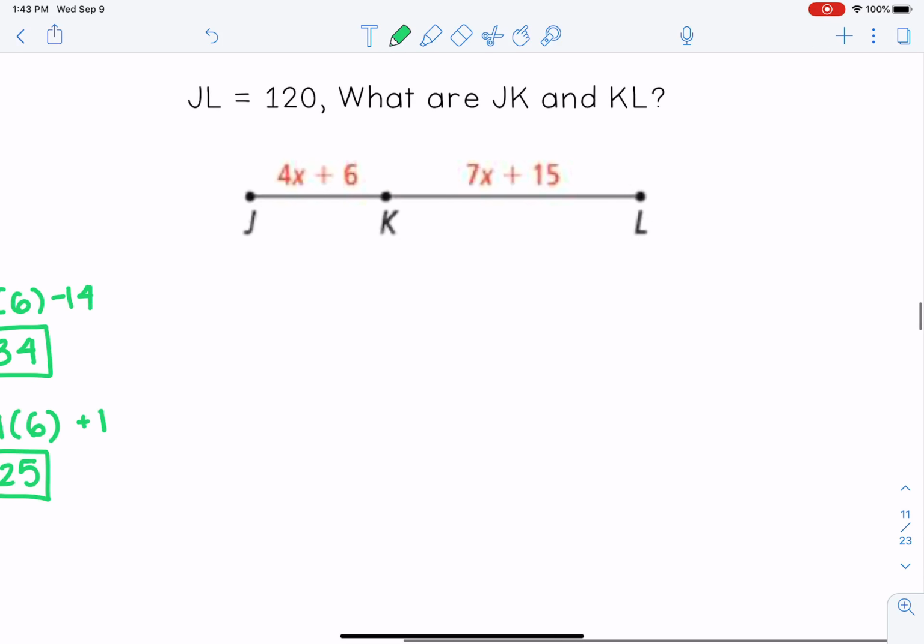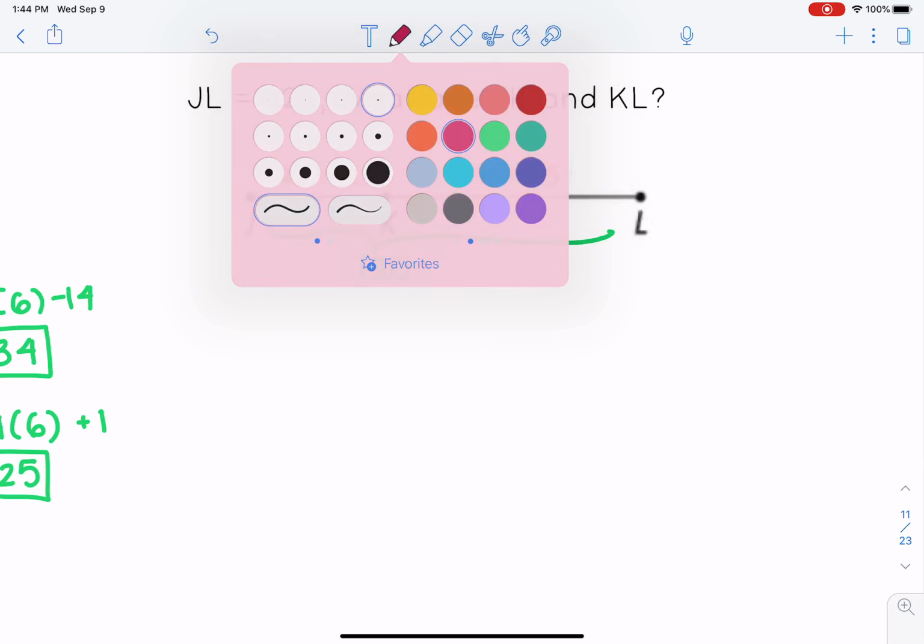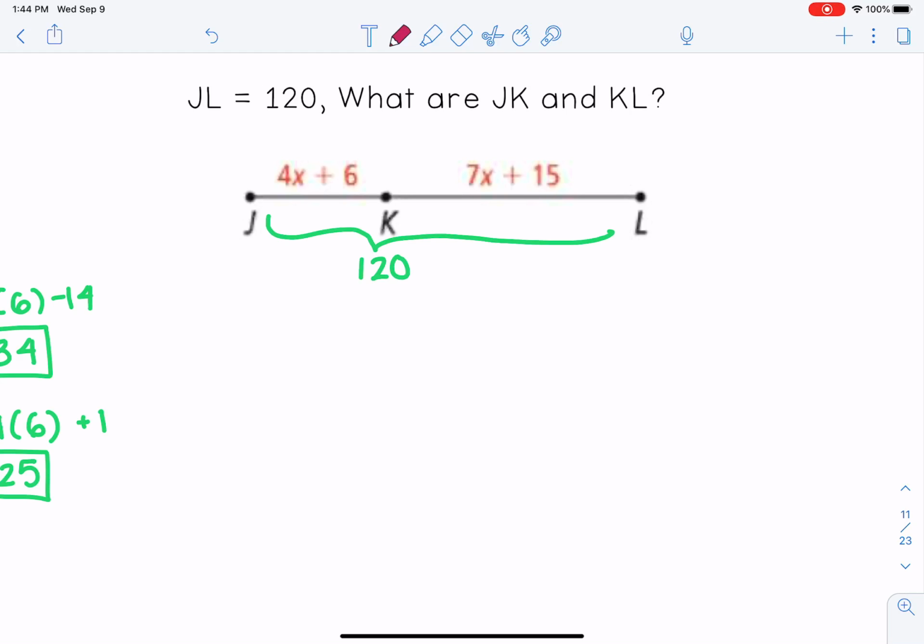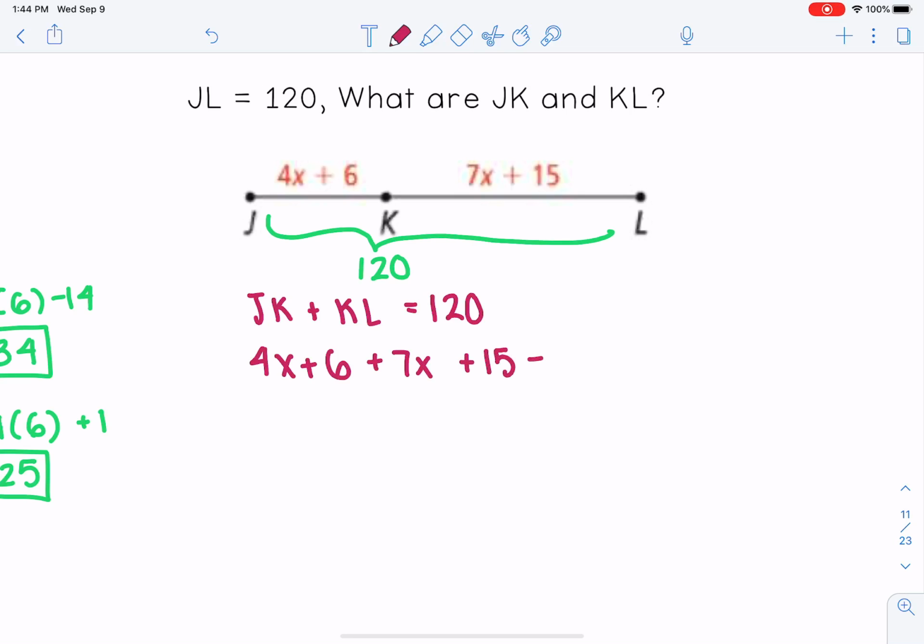This next problem says JL is 120. What are JK and KL? So JL is 120. I'm going to first write my little plus little equals big equation. So JK plus KL equals 120, which means 4x plus 6 plus 7x plus 15 equals 120. I'll combine like terms, so 11x plus 21 equals 120. 11x, if I subtract 21, is 99, which is x equals 9.